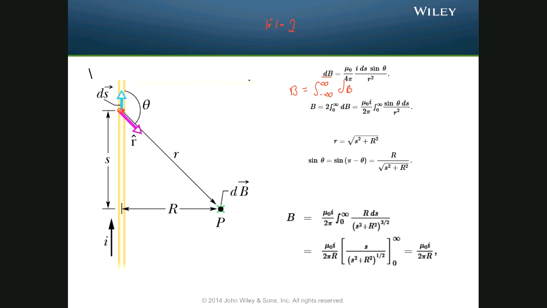But this is a nightmare. So what we do is we pick a spot. We'll pick this symmetric spot, and we'll call that 0, that we're symmetric around, and then we'll say that this equals 2 times the integral from 0 to infinity.